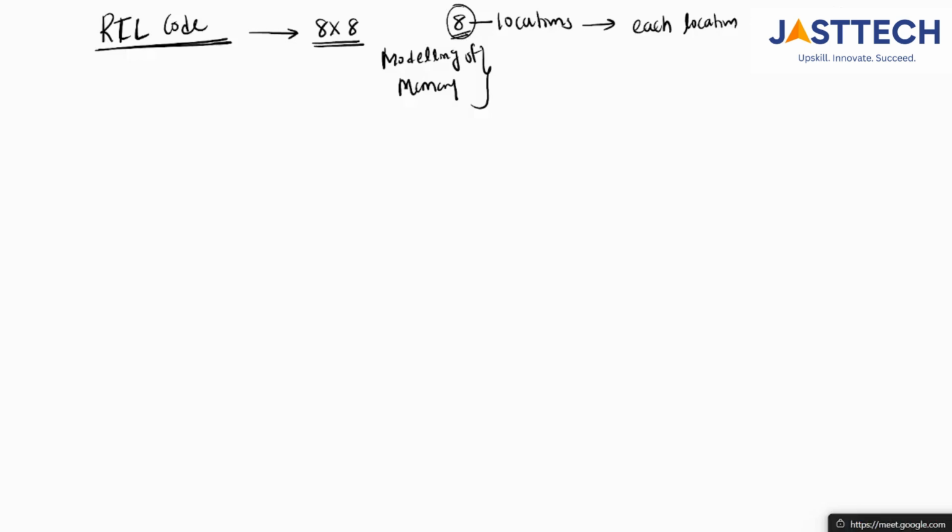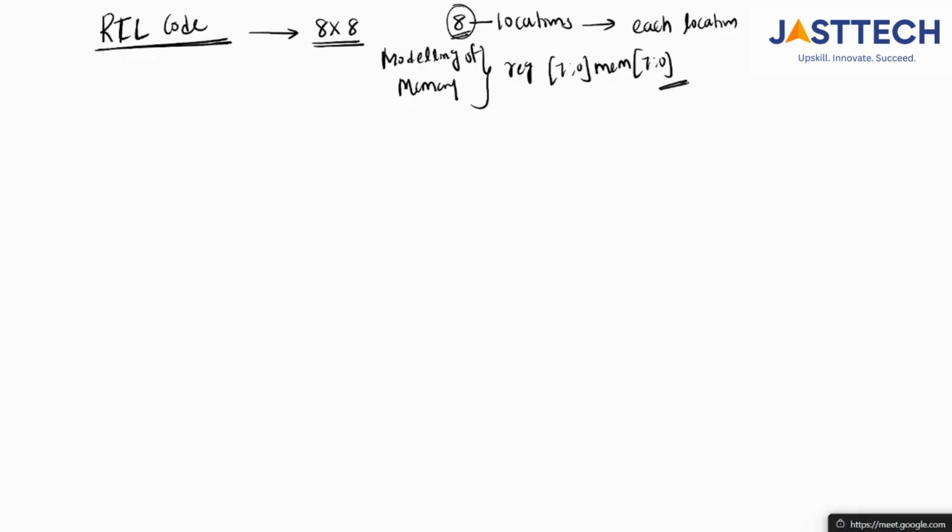So we need to declare a variable with reg, 7 down to 0. This is a vector. Mem of RAM, 7 down to 0.